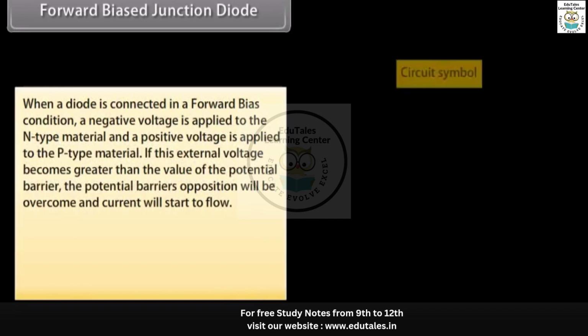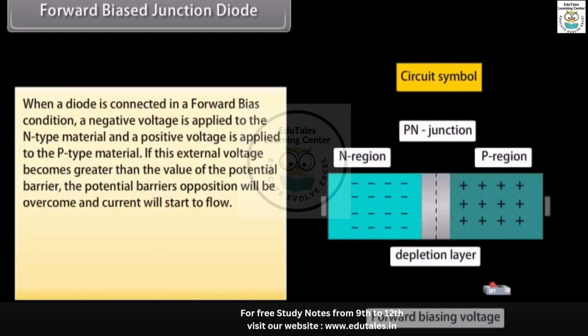Forward-biased junction diode. When a diode is connected in a forward bias condition, a negative voltage is applied to the N-type material and a positive voltage is applied to the P-type material. If this external voltage becomes greater than the value of the potential barrier, the barrier's opposition will be overcome and current will start to flow.